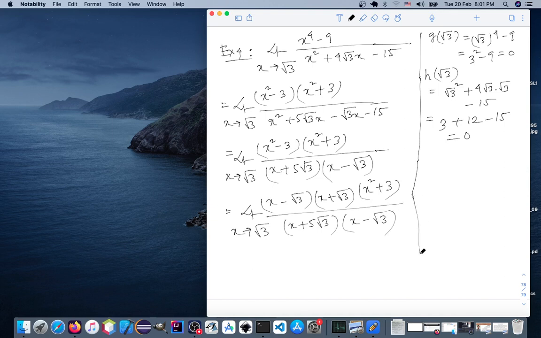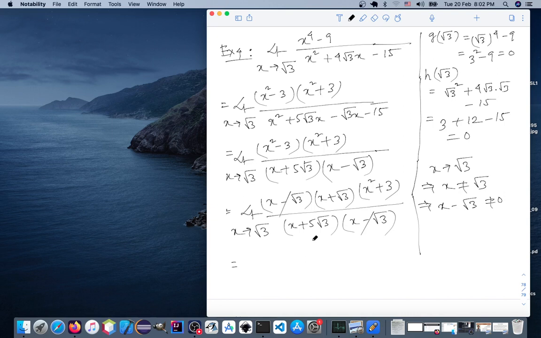Now since x tending to root 3 implies x not equals root 3, implies x minus root 3 not equals 0, we can cancel out x minus root 3 and then substitute the value of x as root 3 in the remaining term.